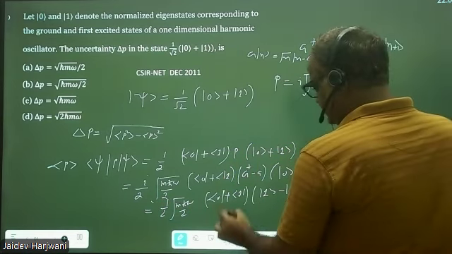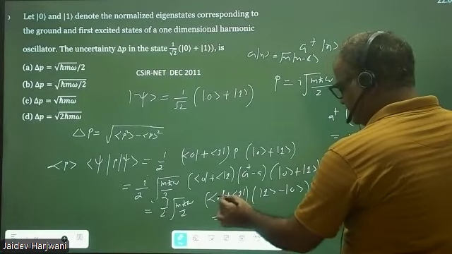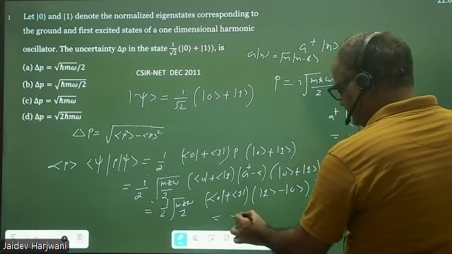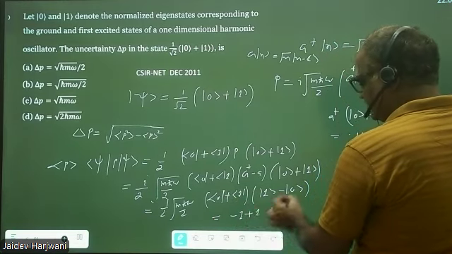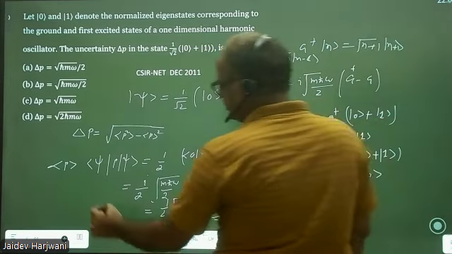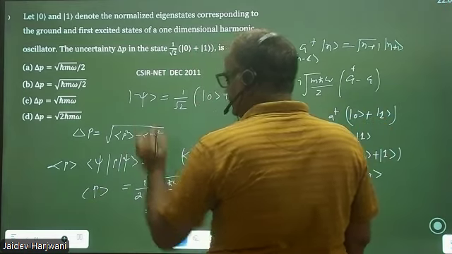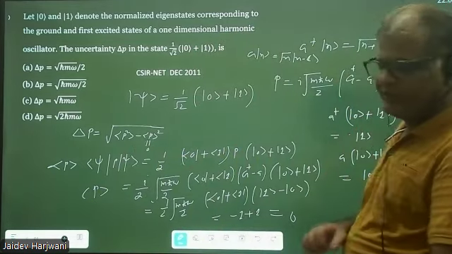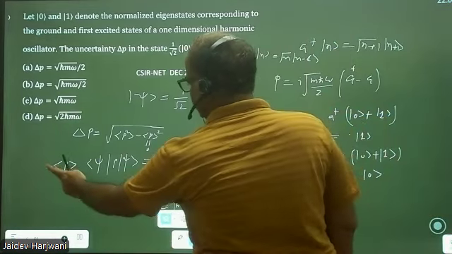And now let's solve this one: 0 1 times 1 0 gives 0, and 0 0 minus 1 gives minus 1. Similarly, this operated on 1 gives 0, so again 0. So the expectation value of p is 0. So we only need to find p square now. Let us calculate p square.